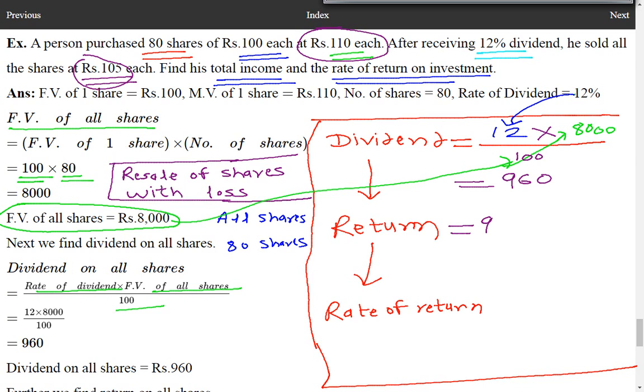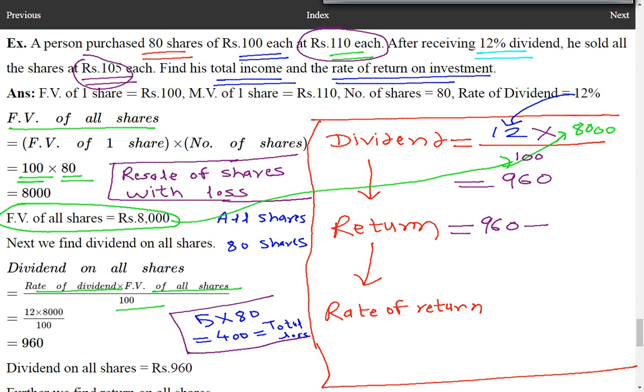Now return will be equal to dividend minus loss on resale of shares. So how much is dividend? It is 960 minus the loss. There is loss of rupees 5 because a share of rupees 110 is sold for rupees 105. So there is loss of rupees 5 per share. And how many shares are there? 80. So 5 into 80 will be equal to 400, and this is the total loss on resale of shares.